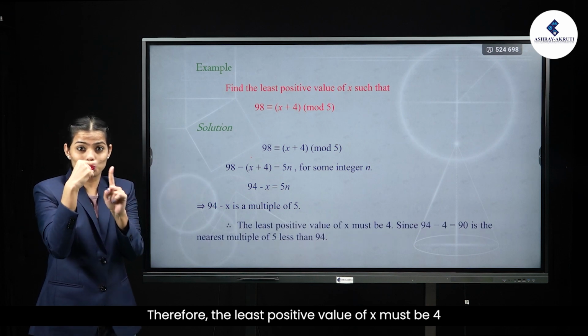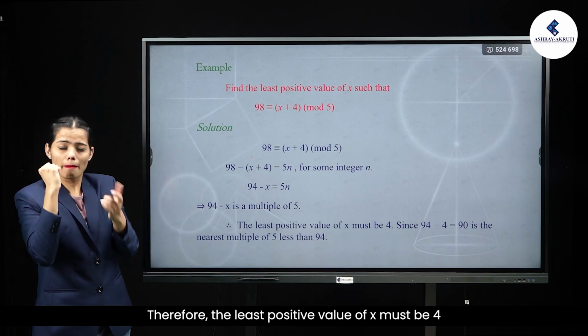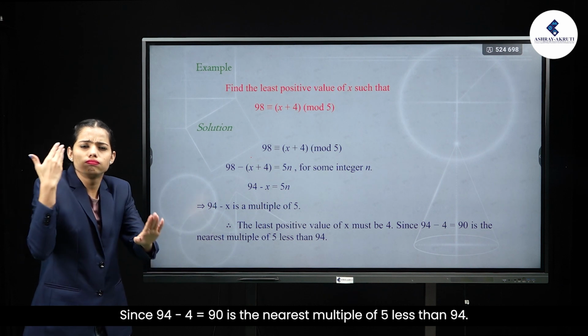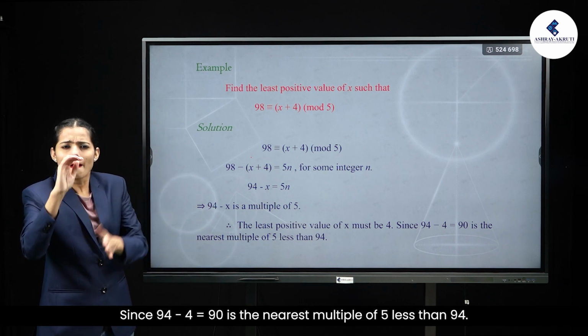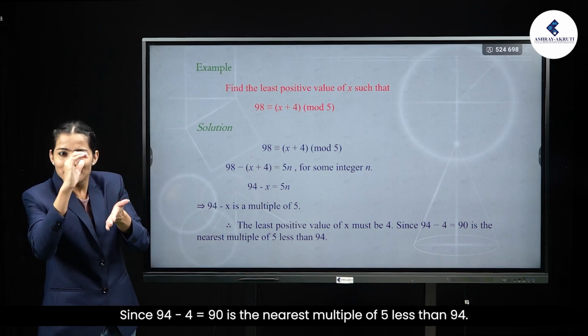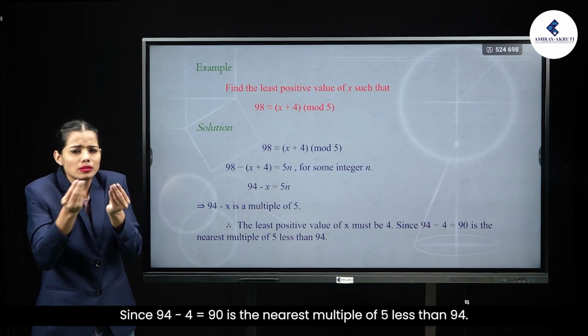Therefore, the least positive value of x must be 4, since 94 minus 4 is equal to 90, which is the nearest multiple of 5 less than 94.